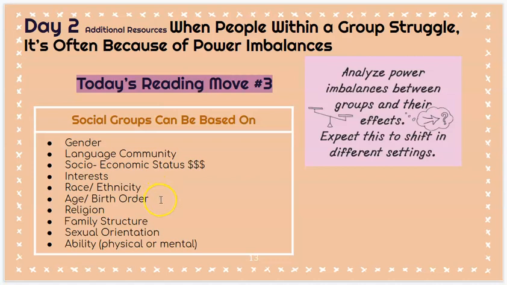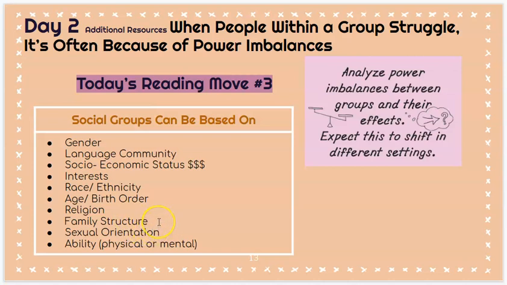It can be based off of their age and birth order. In many households, the oldest sibling has different responsibilities than the youngest sibling. The oldest person in a family has a different opinion than the youngest person in a family. Is it based off of religion? Are they Jewish? Are they Christian? Are they Catholic?